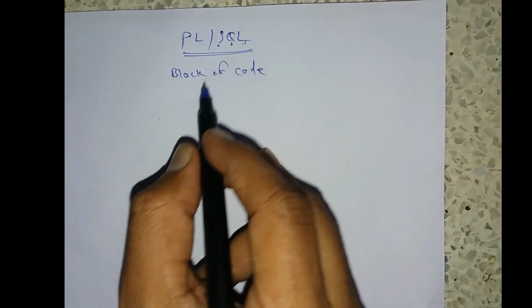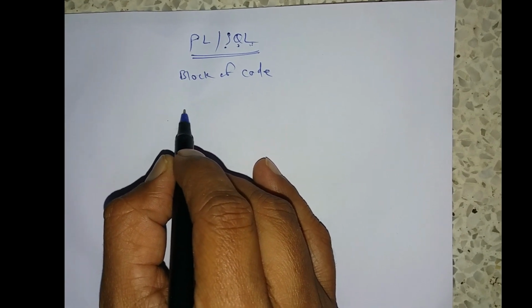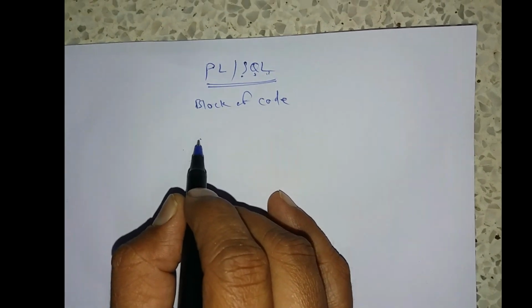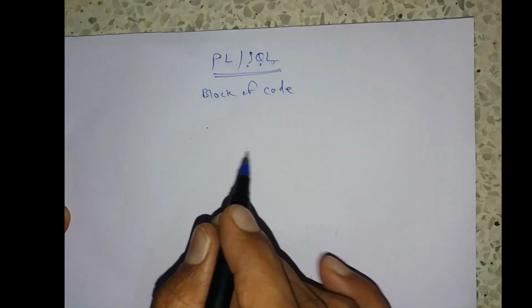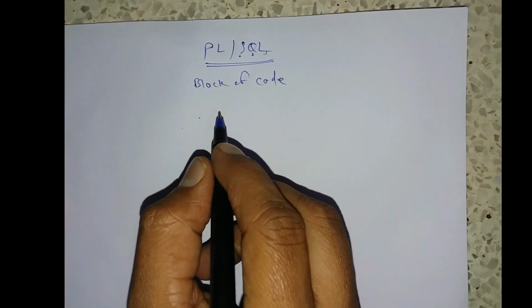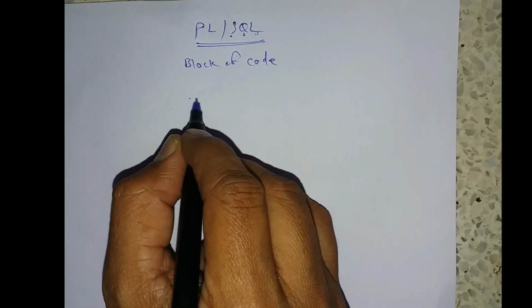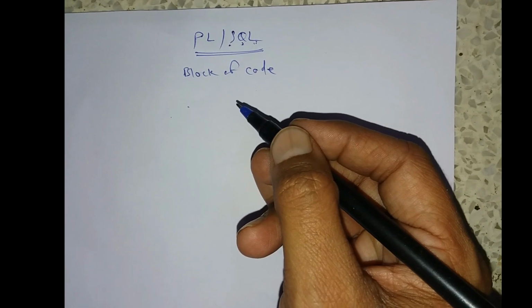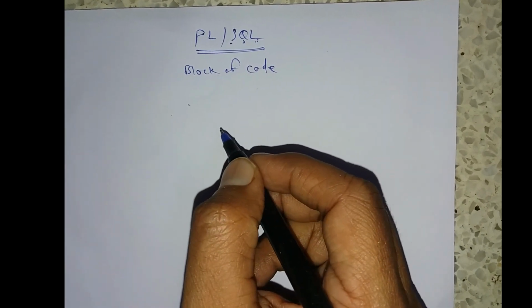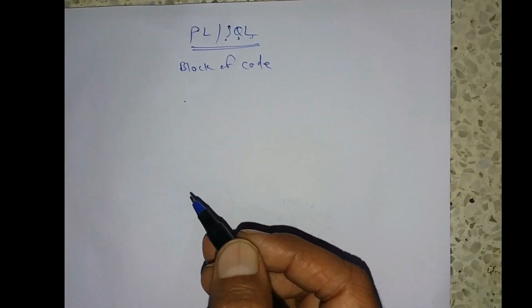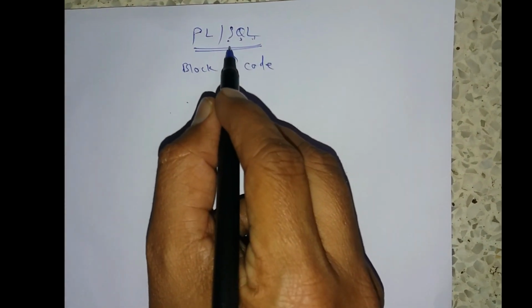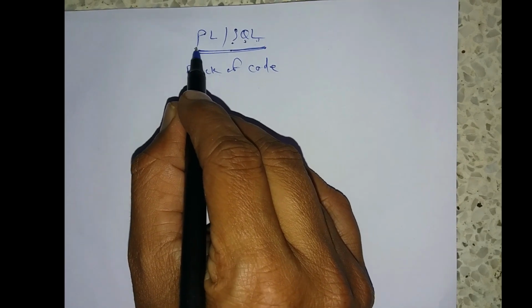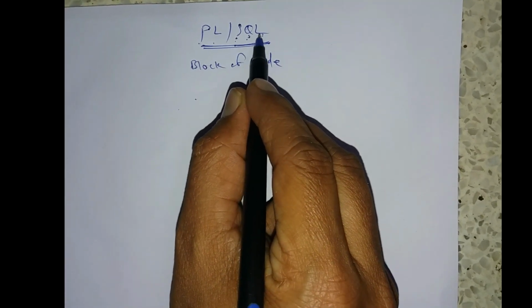That means if you want to execute something, you can only go one way, a single query. You can write a query on the terminal and execute it one by one. But if you are a programmer, you need to execute multiple queries at a time. So the extension of SQL is called PLSQL, that is programming language through structured query language.